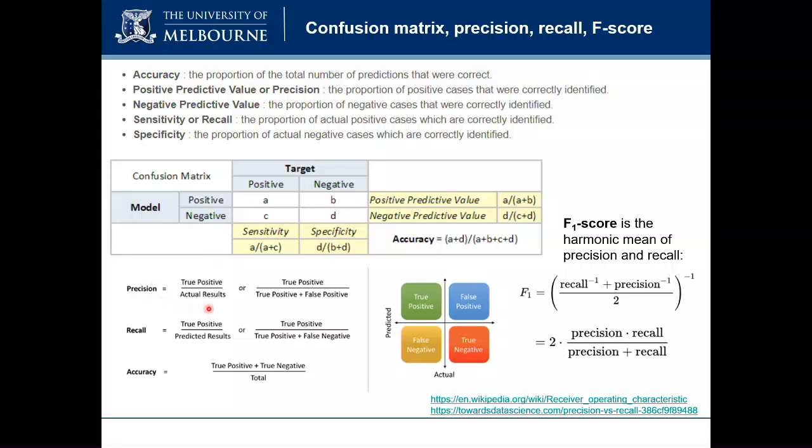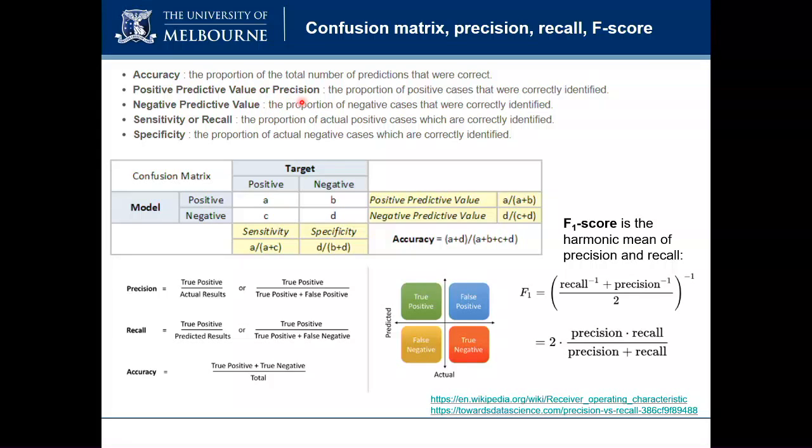But precision is actually A over A plus B. That's the positive predictive value. That's called precision, or positive predictive value: the proportion of positive cases that are correctly identified. This is really a nice summary of definitions. And then negative predictive value; people usually don't care that much about identifying the negative cases, and mostly focus on the positive cases.